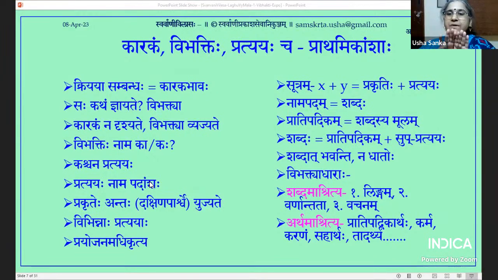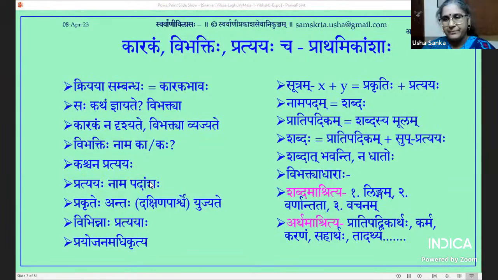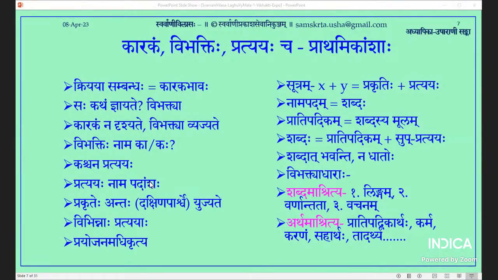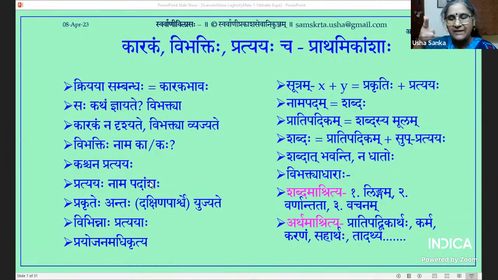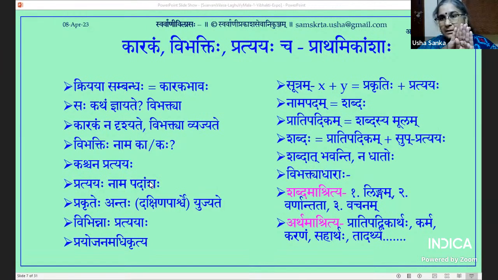So what will X plus Y do? They will generate one idea, one word. Suppose we want to say Ravana as an object. Ravana has to be killed, and we want to say that the one who is killed is Ravana. This is the idea we have in our mind. We will bring Ravana and call him X. Now the Vibhakti will come. Will Aha come? No. Aha will say no, I am not coming because Ravana is killed.